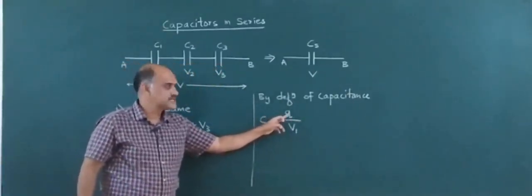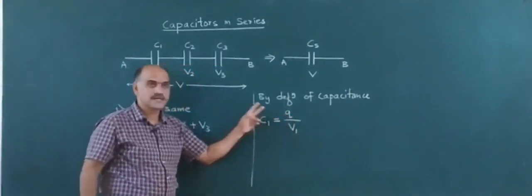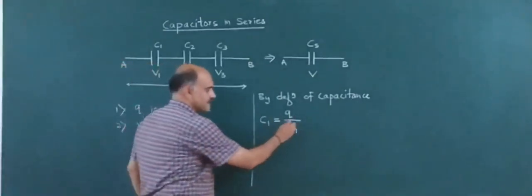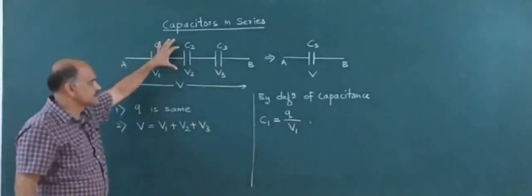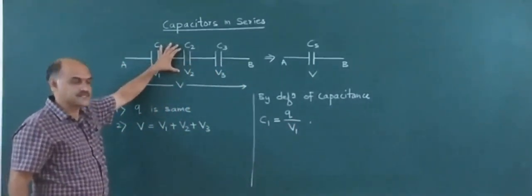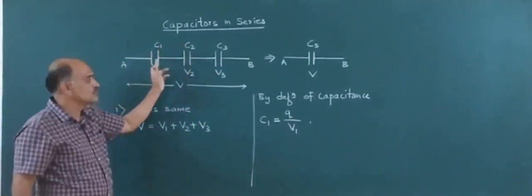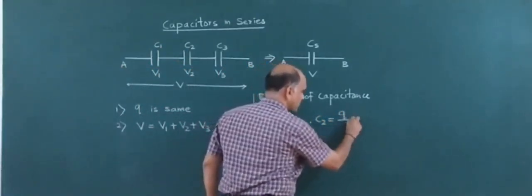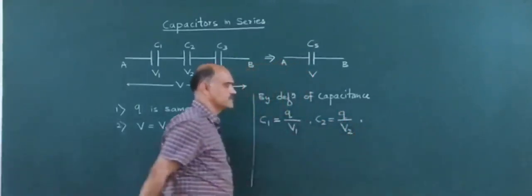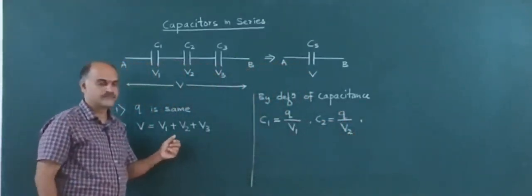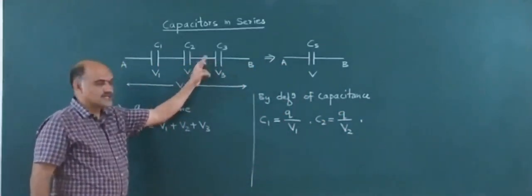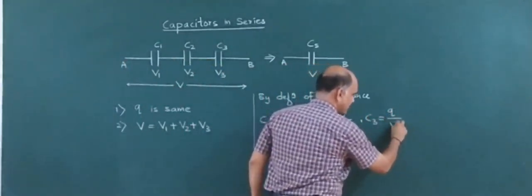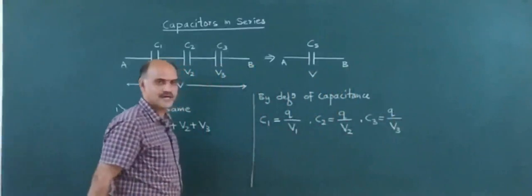Charge across each capacitor is the same, so I am keeping it as Q. Similarly, for the second capacitor, C2 is equal to Q by V2. Similarly, for the third capacitor, C3 is equal to Q by V3.